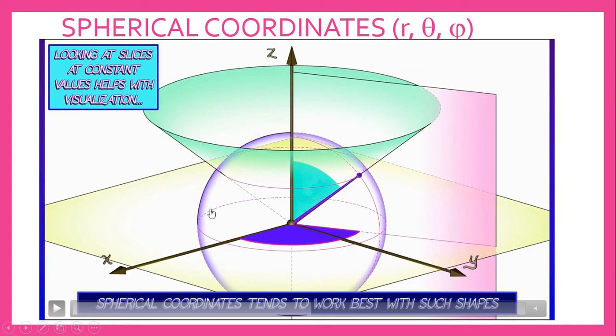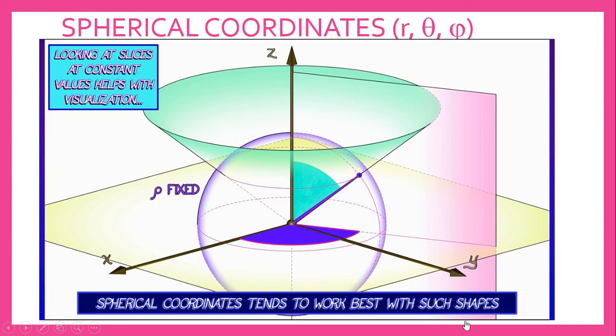If you see the cross section, we can see the many sectors. And likewise, if you rotate this cone, you can get this sphere. See how it rotates. This video will help you to visualize how the spherical system is formed. Now rho, that is the radius, is fixed here.